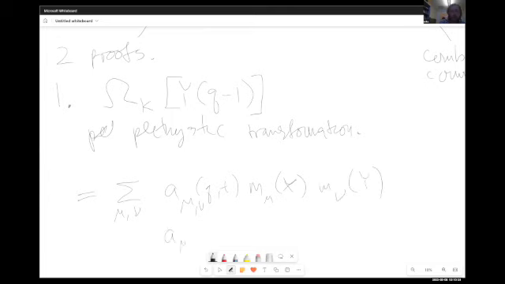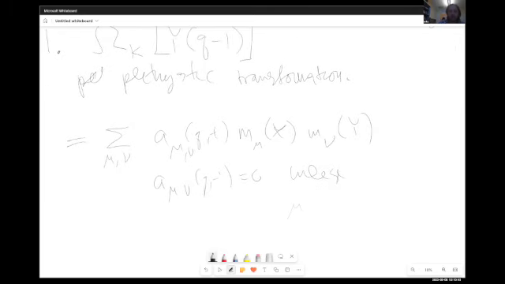So in other words, A0 mu lambda of qt equals 0 unless mu is less than or equal to nu in the dominance order.